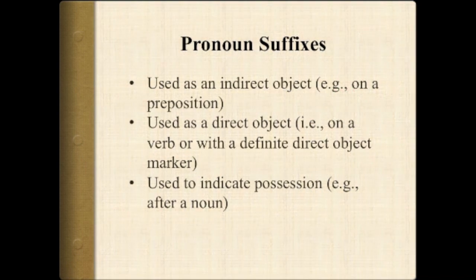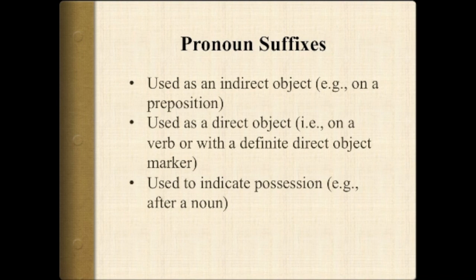Now, pronoun suffixes, or sometimes they're called pronominal suffixes, are not independent. They're not written as independent words. Rather, they come on the end of whatever word they go with. These can be used as an indirect object, for example, perhaps on a preposition.